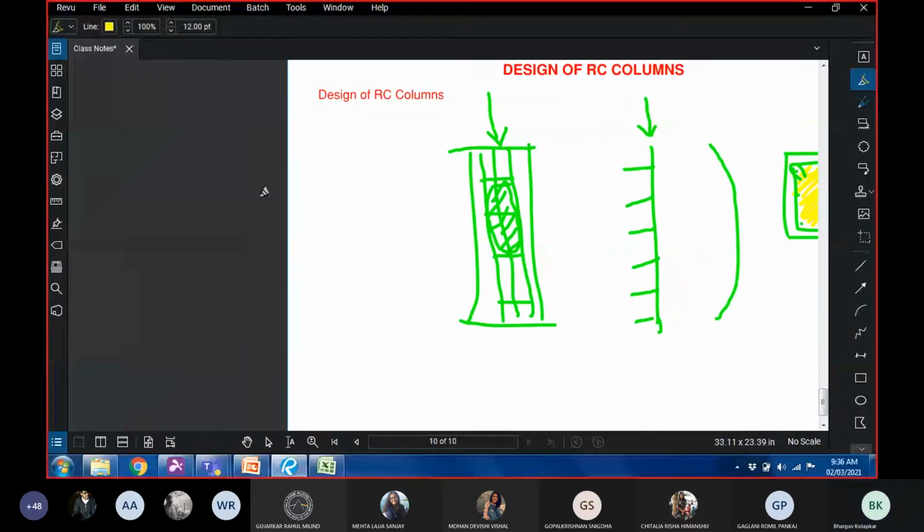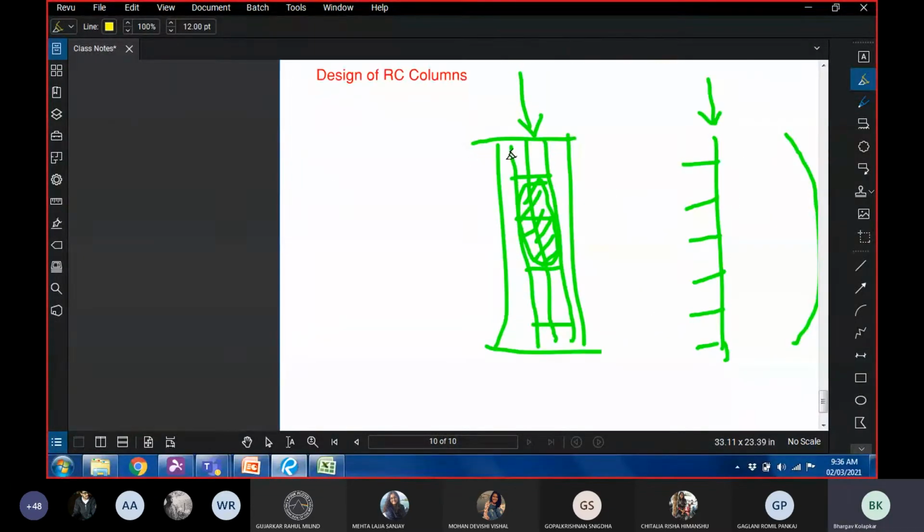What this means is, if you are using 20 mm diameter for longitudinal reinforcement, then for the stirrups, the diameter has to be greater than or equal to 6 or 20 by 4. 20 by 4 is 5.